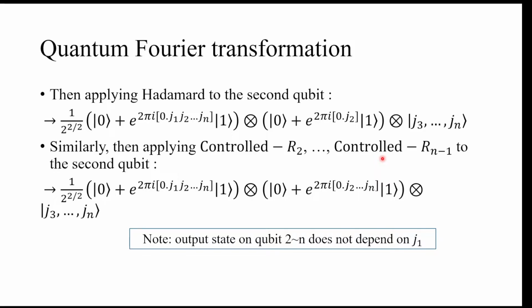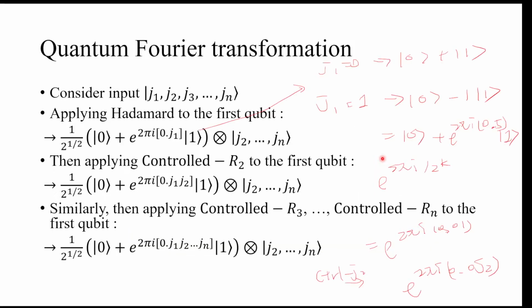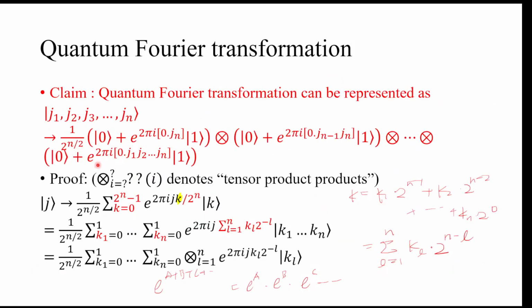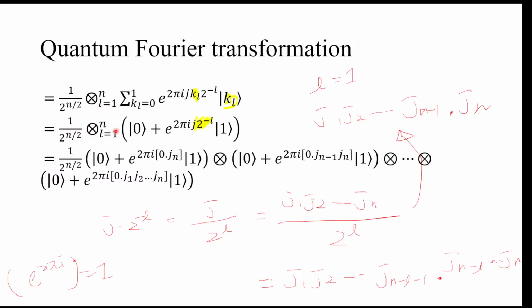So here it comes back to this form of our quantum Fourier transform. We know our quantum Fourier transform has exactly that form: we have 0 point jn, 0 point j(n-1) jn, etc., and those are actually 0 plus e to the 2 pi i j times 2 to the minus l, with l from 1 to n.